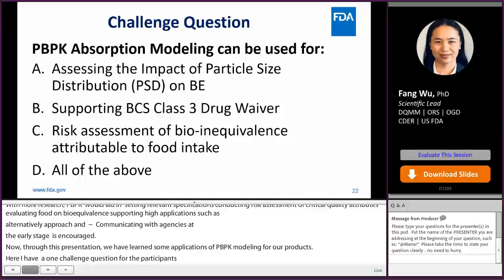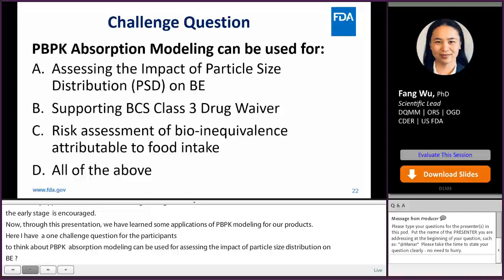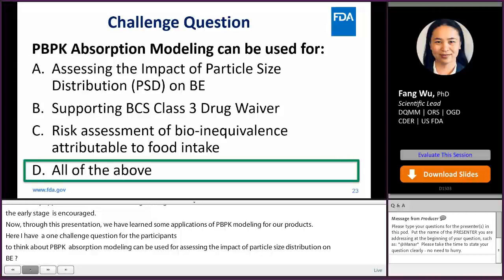B. Supporting BCS Class 3 drug waiver. C. Risk assessment of bioinequivalence attributable to food intake. D. All of the above. The answer is all of the above.